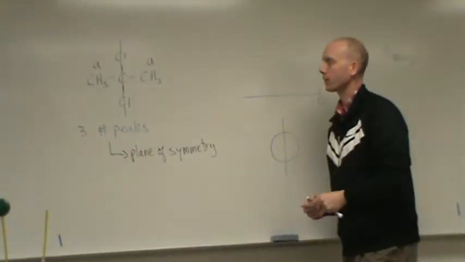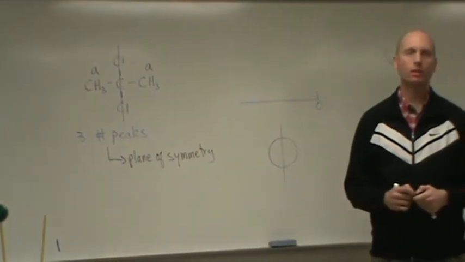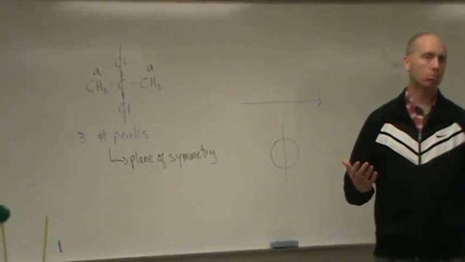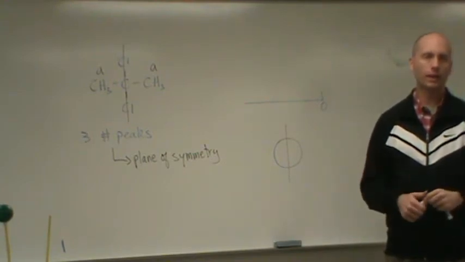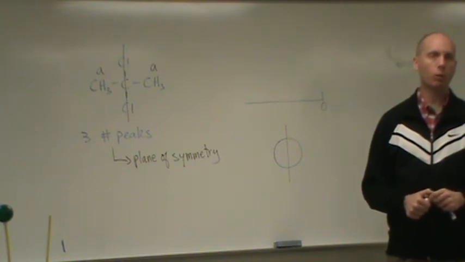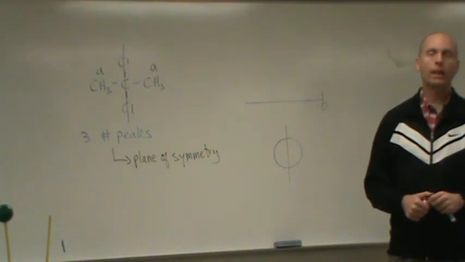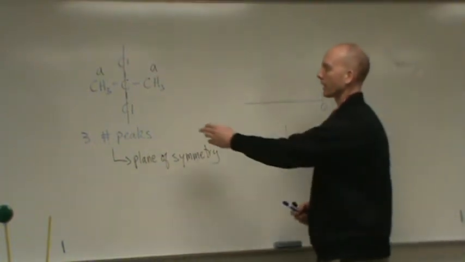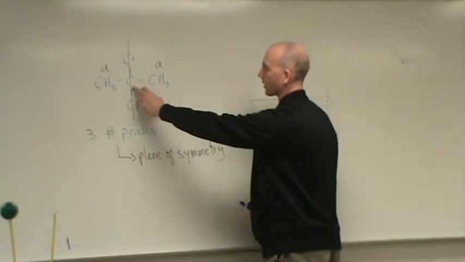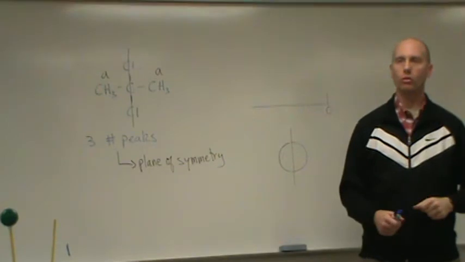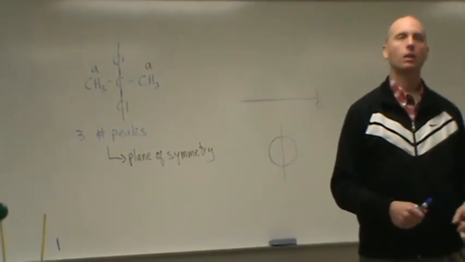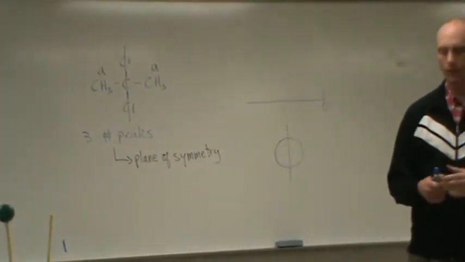Now, what would the peak look like? Doublet, triplet? Quartet. What's it going to look like? Use the n+1 rule. It's a singlet. What's the neighbor here? Are there any hydrogens here? No. So n is 0. So 0 plus 1 is 1.